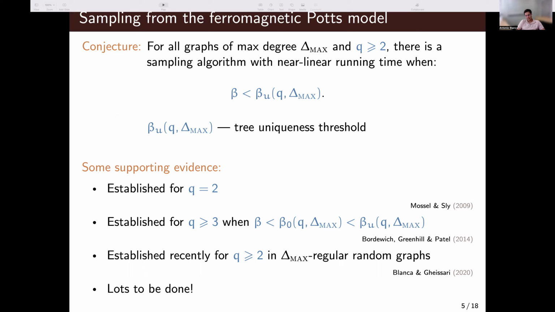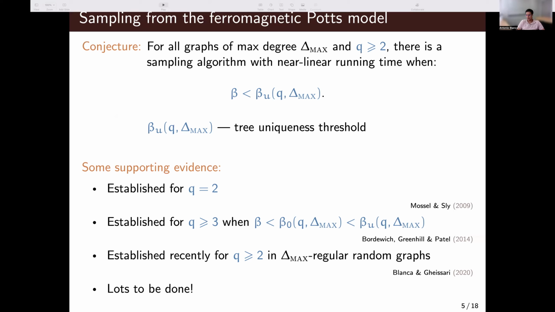But in the finite case, this intuitively corresponds to some decay of correlation between the spins of vertices that are far apart in the graph, right? And the conjecture is saying whenever you have this type of strong decay property, then sampling should be possible quite efficiently, right? And there has been some progress in establishing this conjecture.